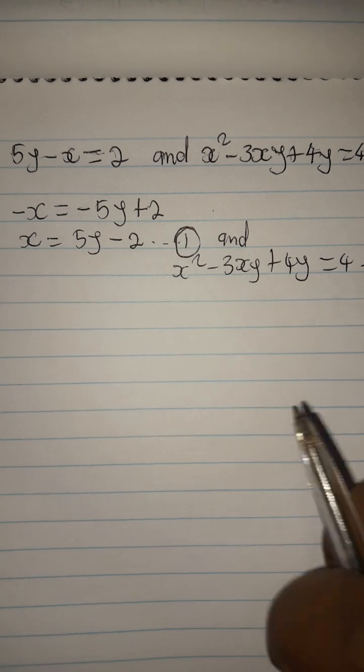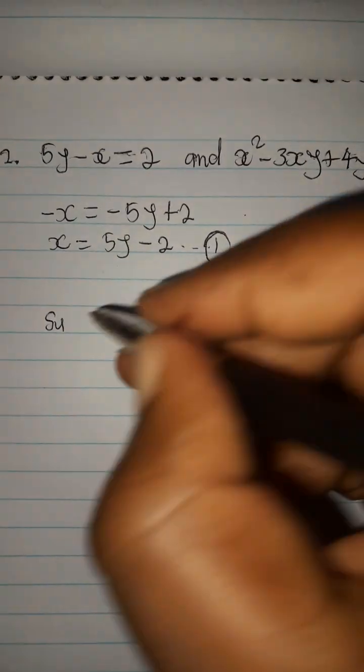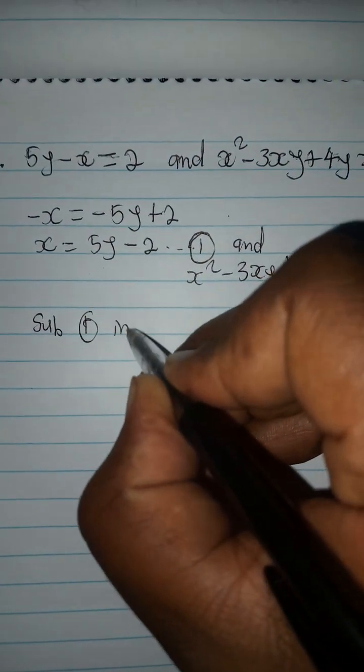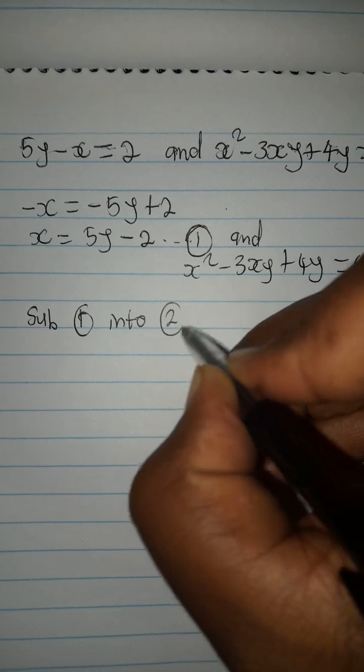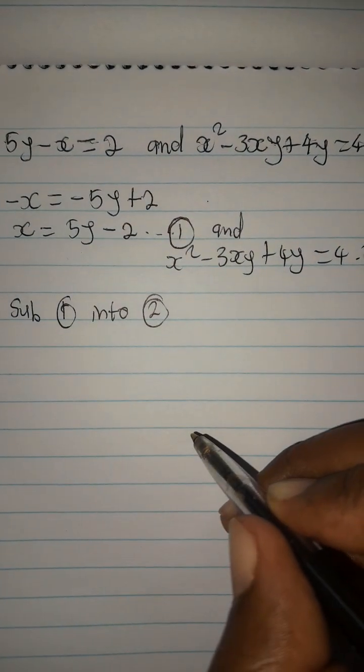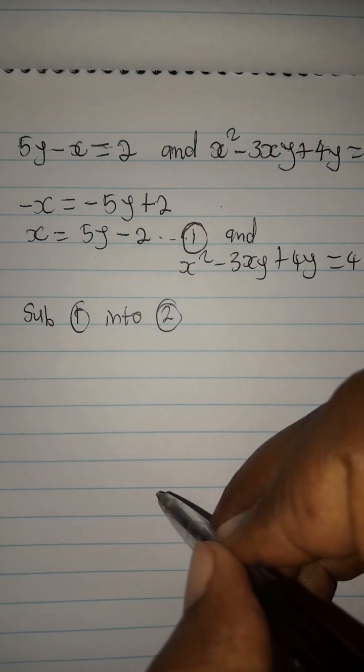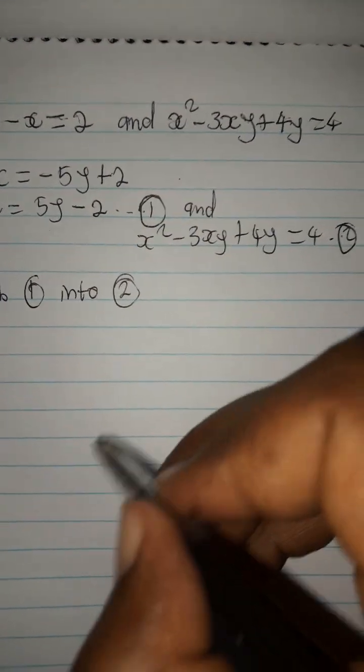Right, so from here I could just substitute. Remember, we're using the substitution method. Substitute equation 1 into equation 2, meaning that where I see x, I'll replace it by 5y minus 2.